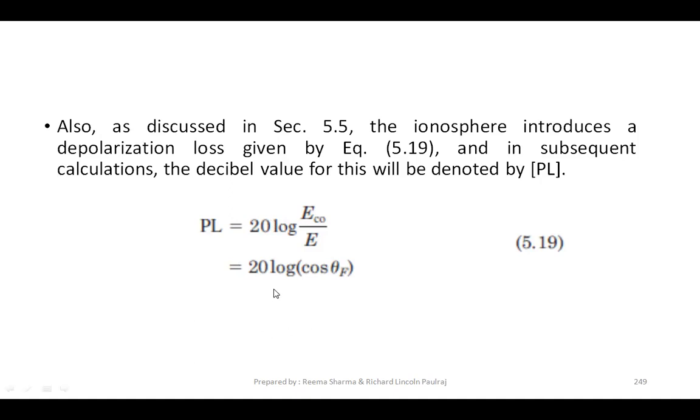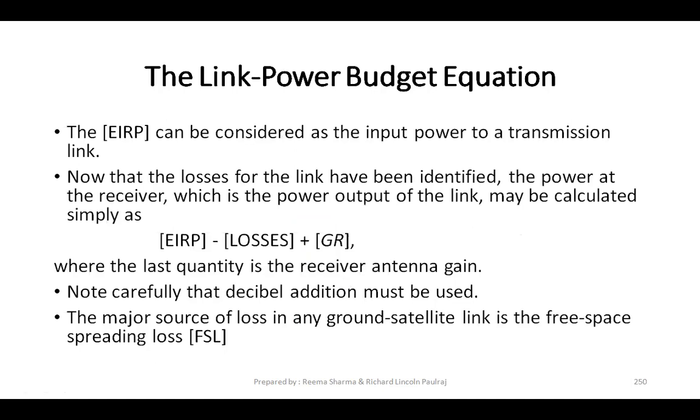Your polarization loss, denoted by PL, is equal to 20 log ECO by E, which is nothing but 20 log cos theta F. We will look into what these terms are.